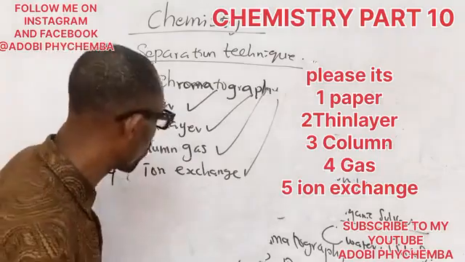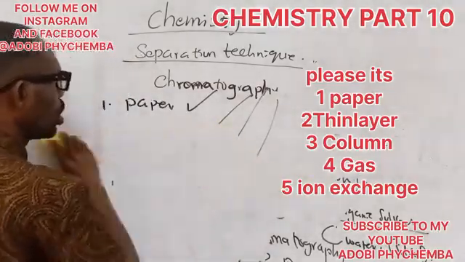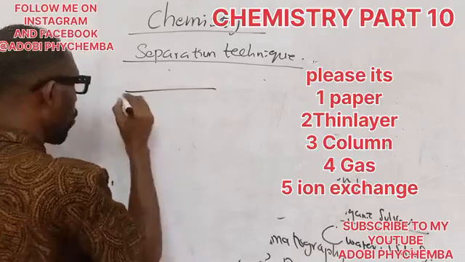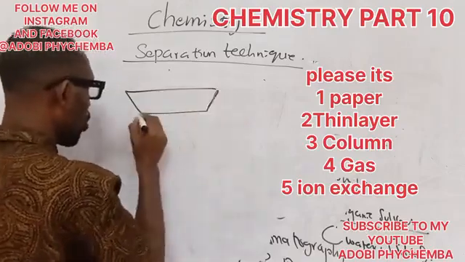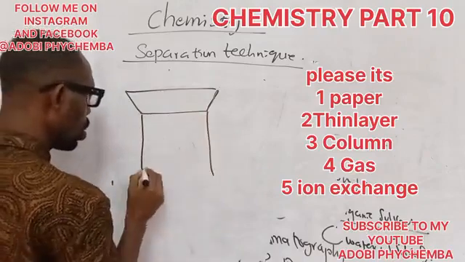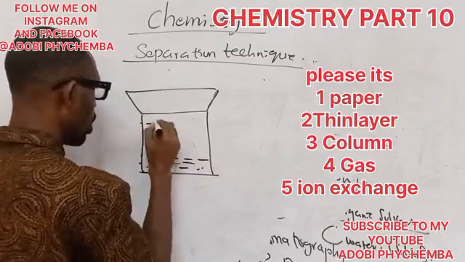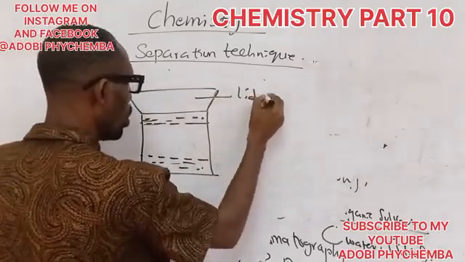Now let me draw something for you. What processes take place during this chromatography? Now look at this. This is what a paper chromatography will look like. Follow me. So around this area, this side is called lead.